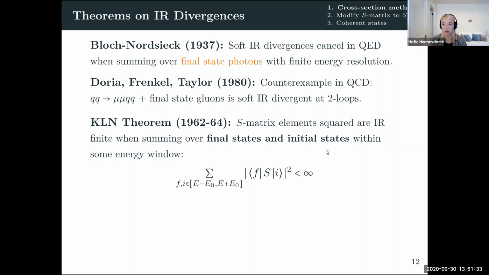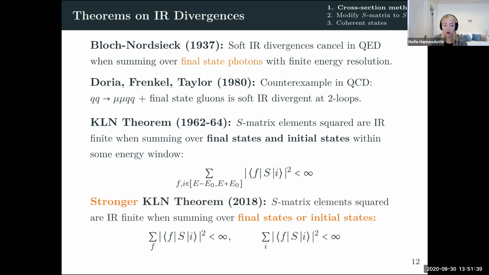So what we did in the end was go back to the proof of this theorem. And by studying the proof, we realized that we could actually prove a stronger version of the KLN theorem, which says that S-matrix elements squared are IR finite when we sum over final states or initial states. So I've done two things here.